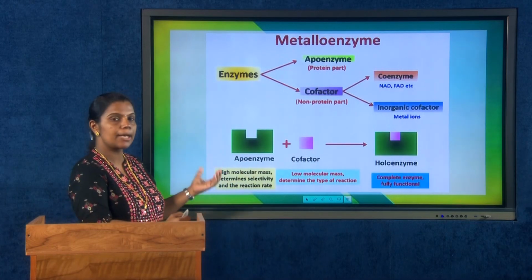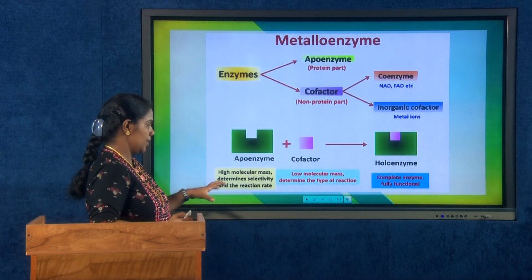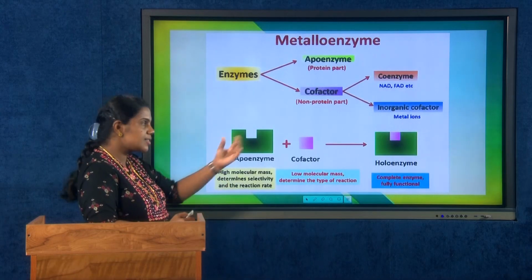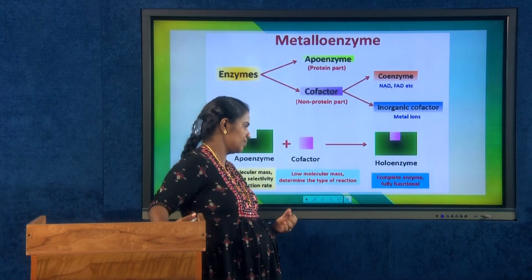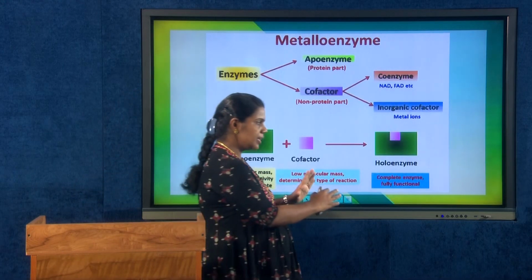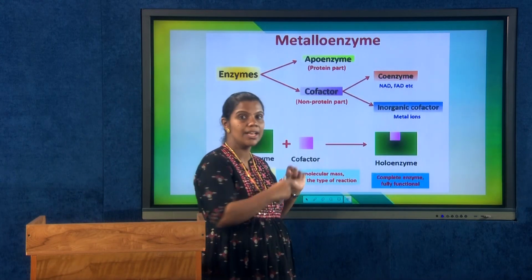What is an apoenzyme? It is a high molecular mass part that determines the selectivity and rate of the reaction. The cofactor will have a low molecular mass and it will determine the type of reaction. And the holoenzyme is the fully functional enzyme.